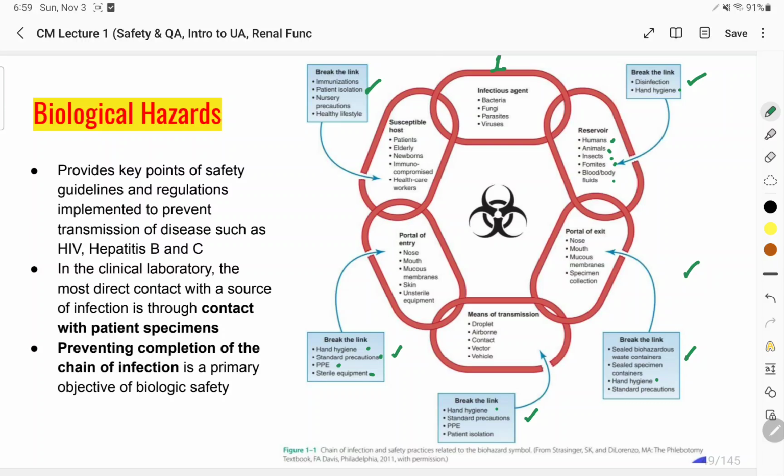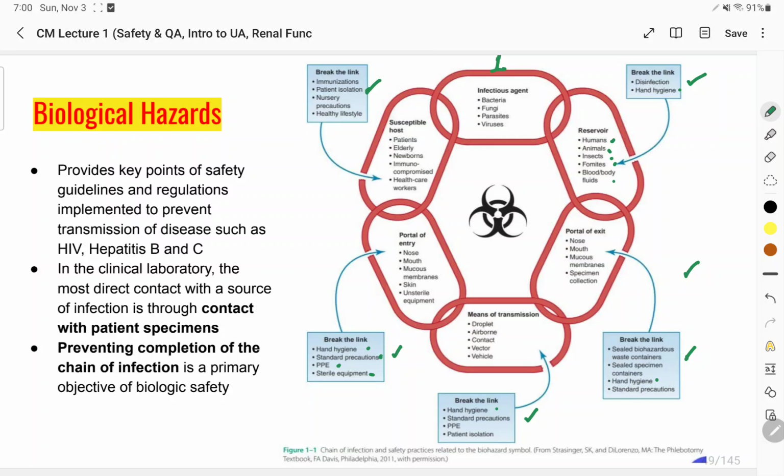So for example, with a newborn, if you are a parent or a healthcare worker, you should be aware that you should not kiss or hug the newborn, because the immune system of a newborn is not yet developed. If you kiss them, the baby easily gets sick. And also a healthy lifestyle for the susceptible host, especially the elderly, and patients with low immune system.